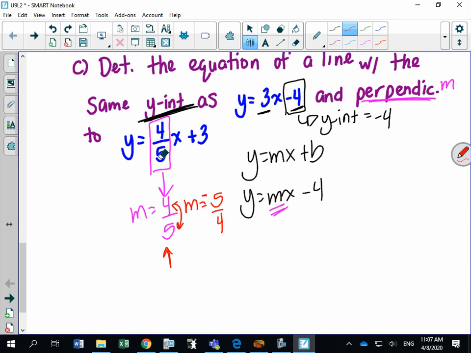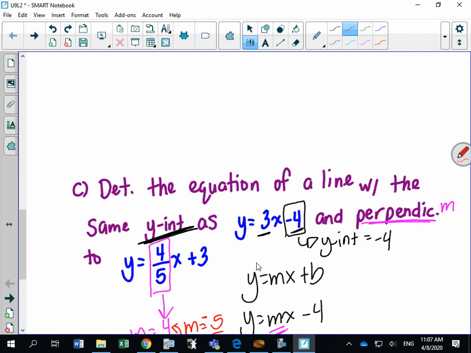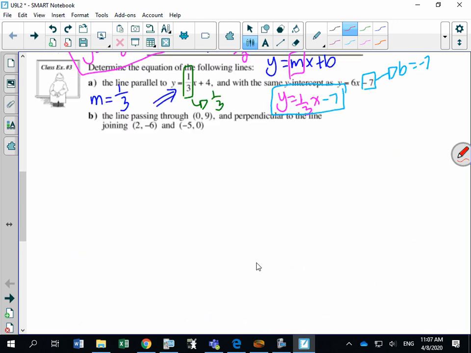If this slope is 4/5, perpendicular is -5/4. The equation of my new line is -5/4 x minus 4. So it has the same y-intercept as this equation, and it's perpendicular to this equation. That would be the answer. Okay, let's do B.